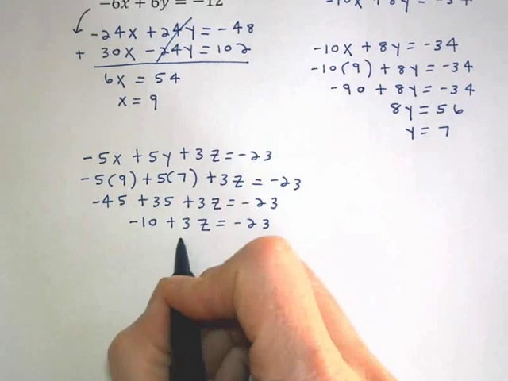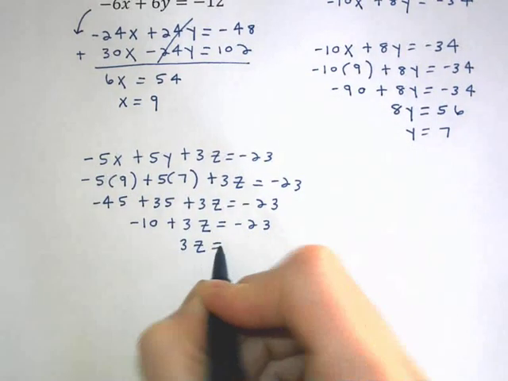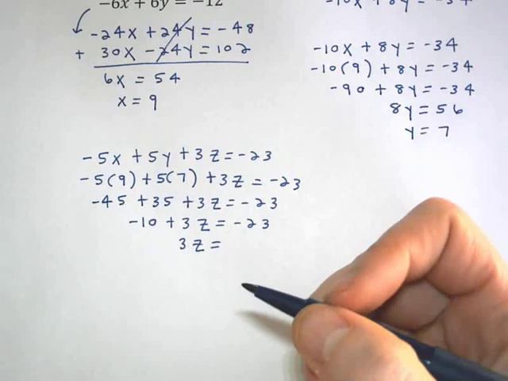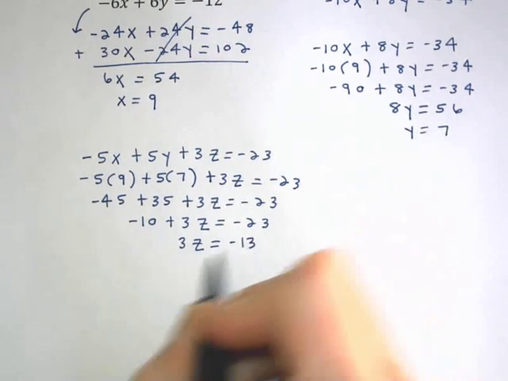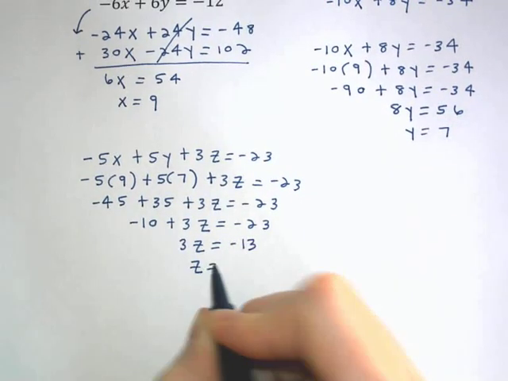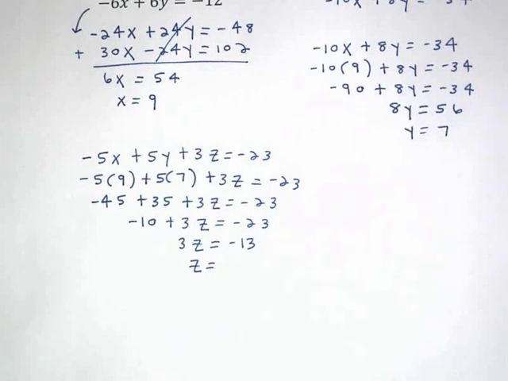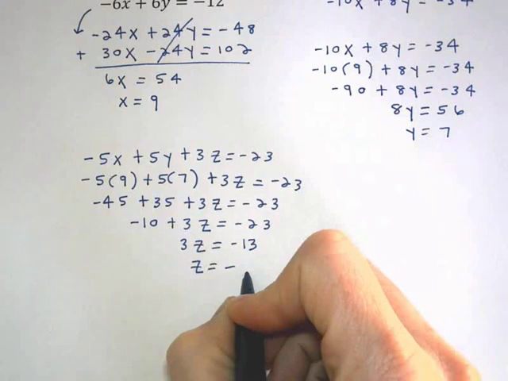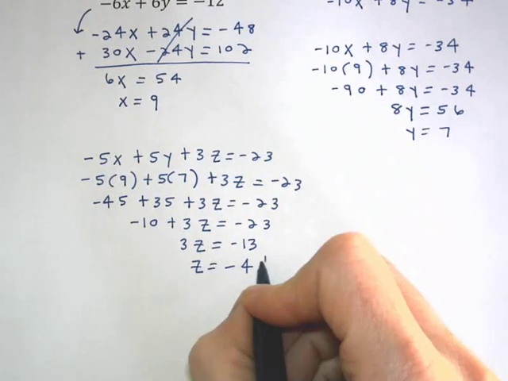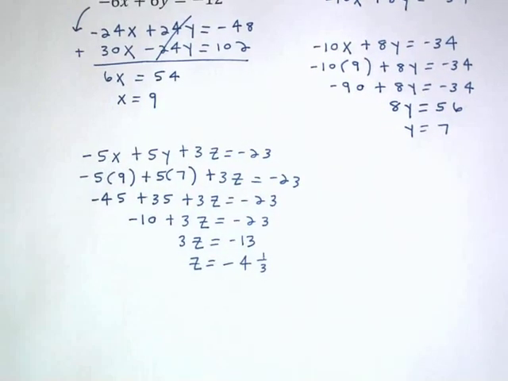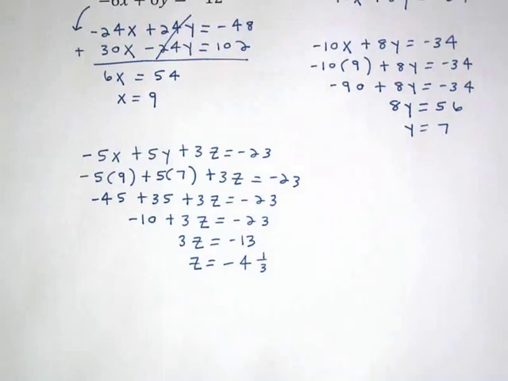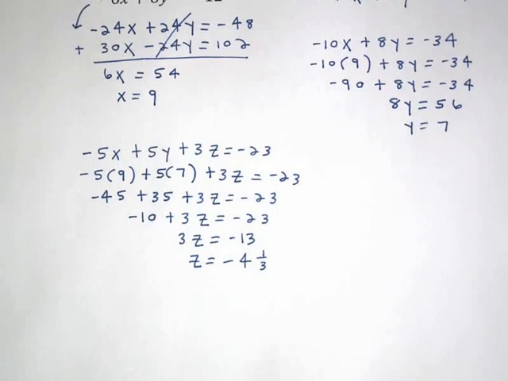So then I'm going to add 10 to both sides and get 3z equals negative 13. And so it does not come out to be a perfectly nice, neat answer.